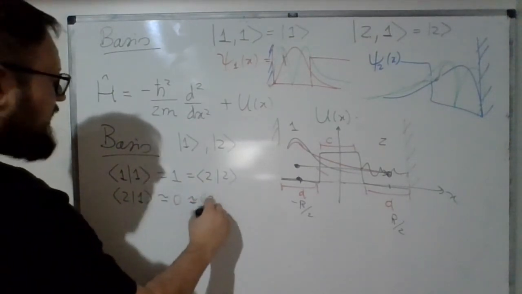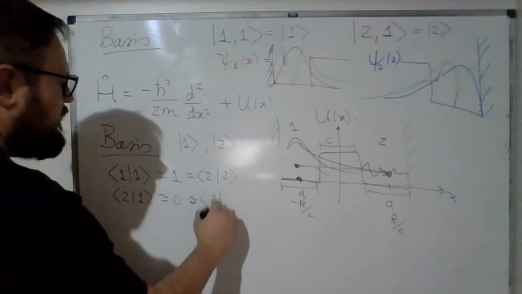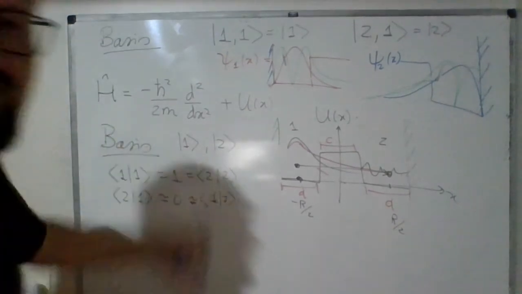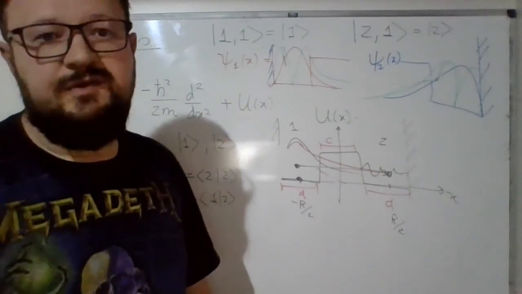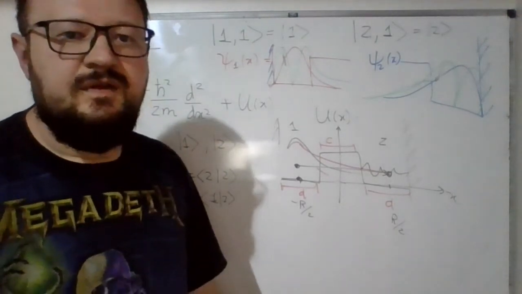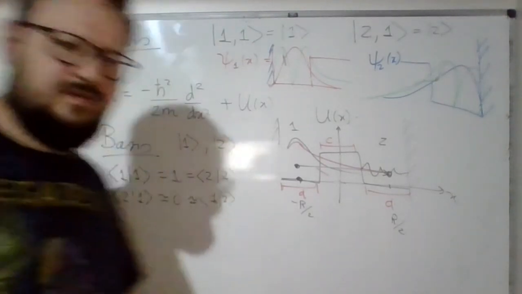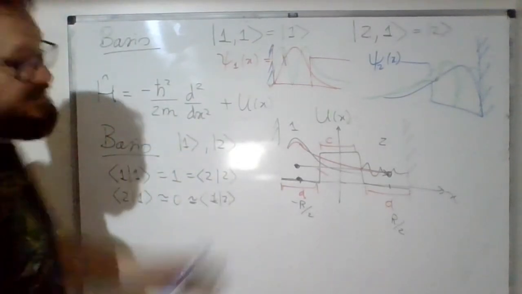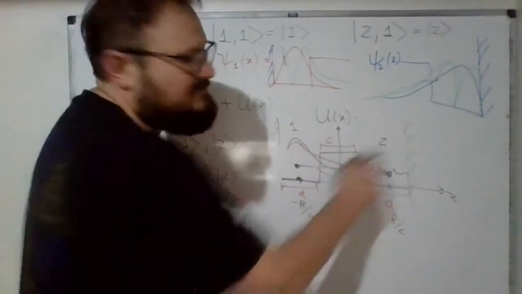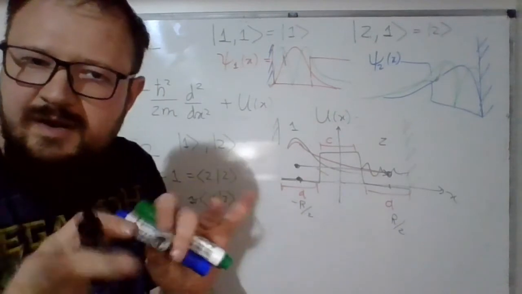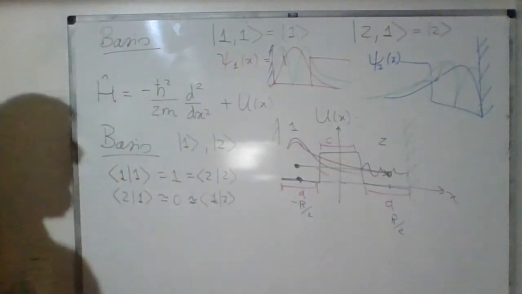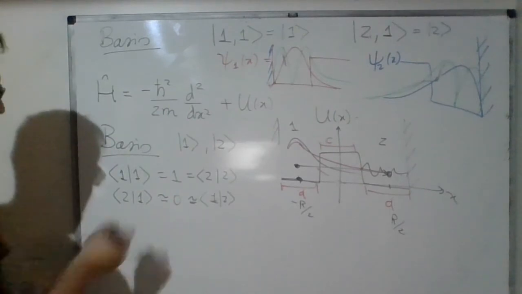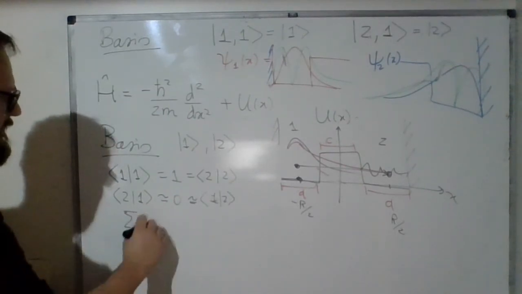They are not exactly orthogonal, but you can orthogonalize by a proper procedure, which is called the Schur orthogonalization. You can do that. But as a matter of fact, these functions are nearly orthogonal, as a first approximation. All right?